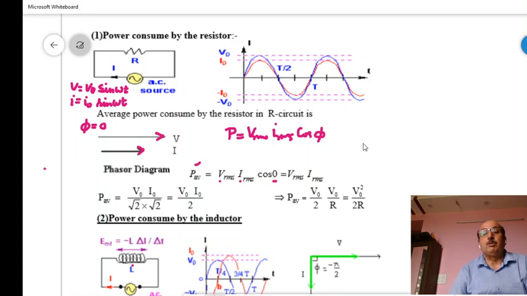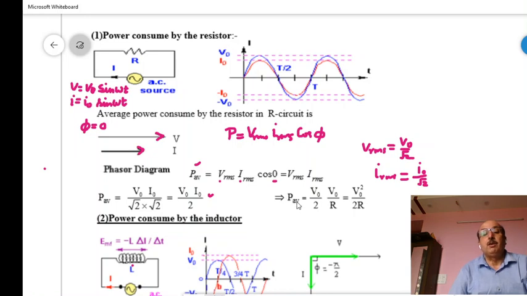But we also know Vrms is equal to V naught by root 2 and Irms is equal to I naught by root 2. So by plugging these values, we will have V naught I naught by 2.